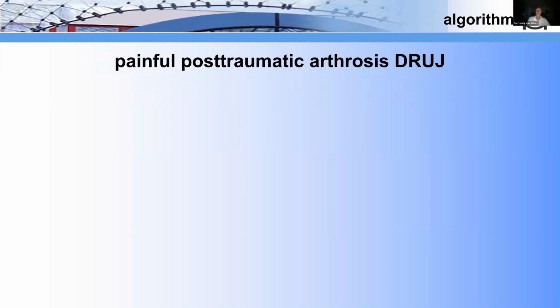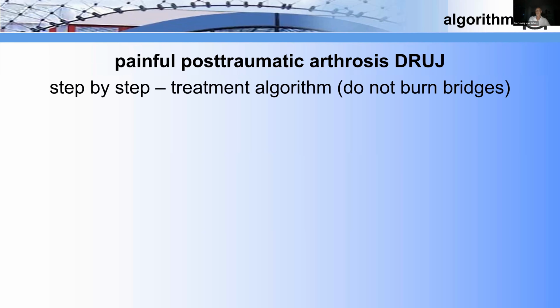So let me present you my algorithm as I use it in our clinic and in our hand center nowadays. If we have patients with painful post-traumatic destruction of the distal radial joint, we perform a step-by-step algorithm, as I do not want to burn bridges right with my first procedure.